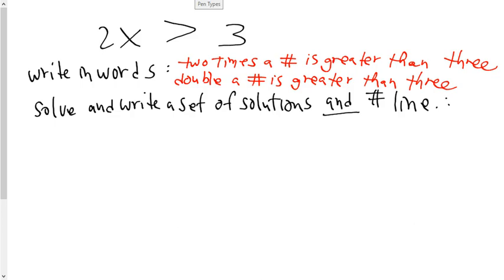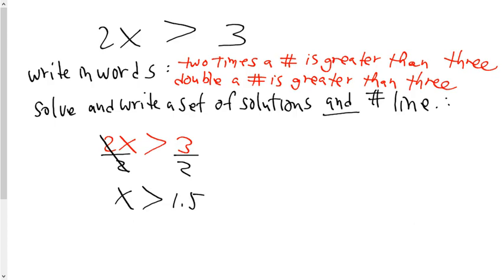So when we solve the solution, we are going to take our inequality, and we are going to divide both sides by the coefficient. And we will solve it to say any number that is greater than 1.5, when placed here, would make that inequality true.